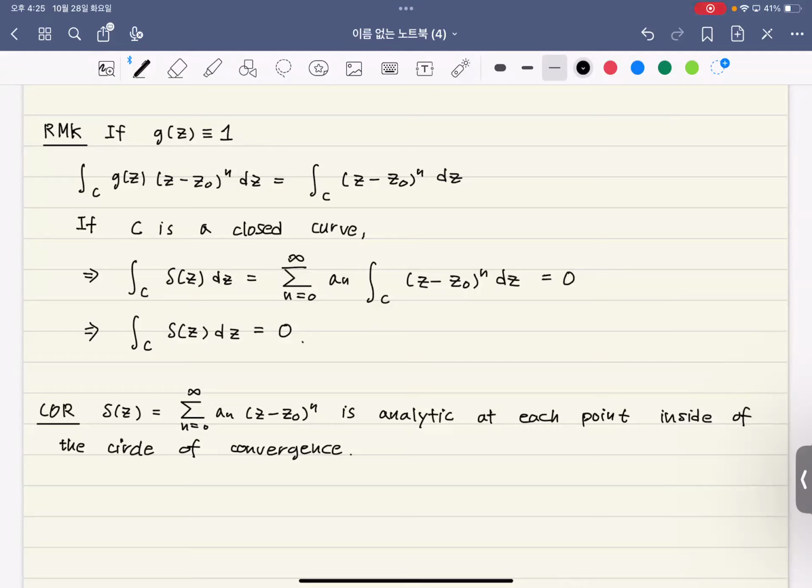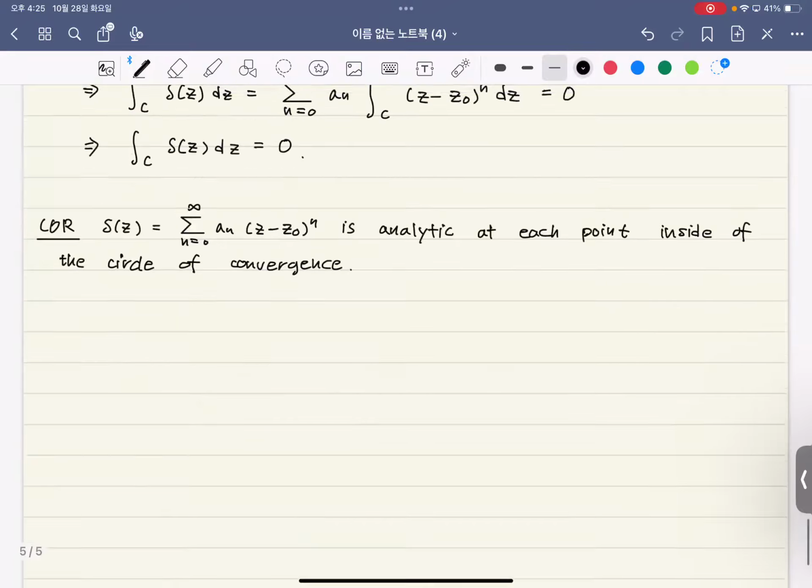Which one is better? I don't know. However, you're a student, so you should know both of them. This is why I recommend you read the proof given in our text. But this is a very important result: every function given by a power series is always analytic inside the circle of convergence.